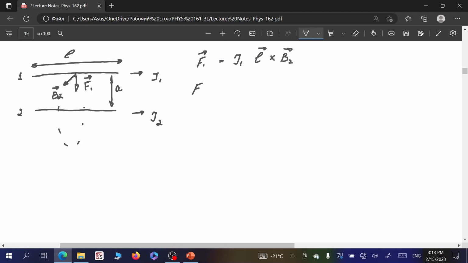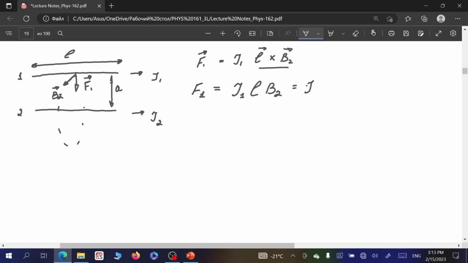So magnitude F2, sorry, not F2, but F1, will be given as I1 times L times B2. Since these are perpendicular to each other, we have unity for sine alpha.